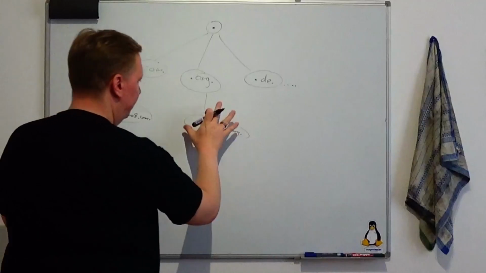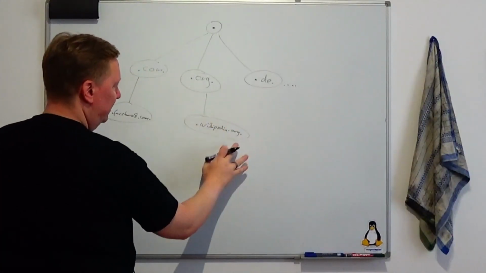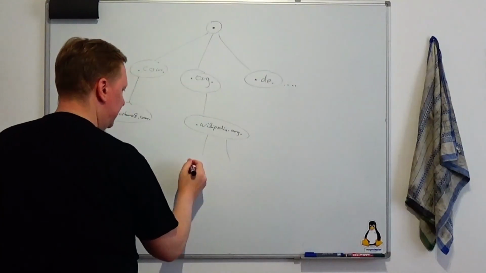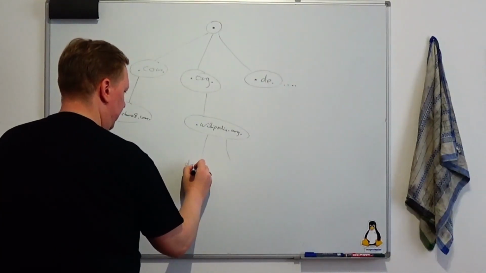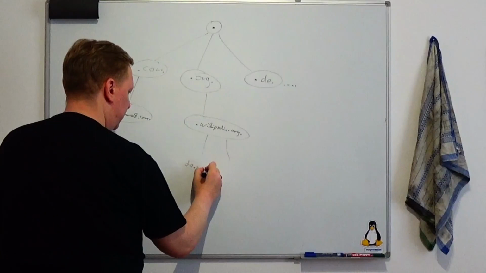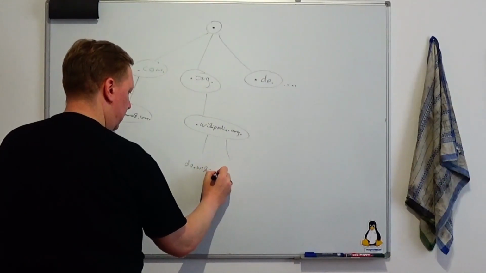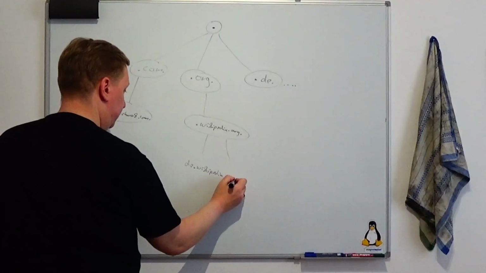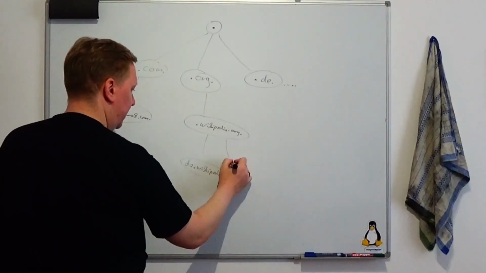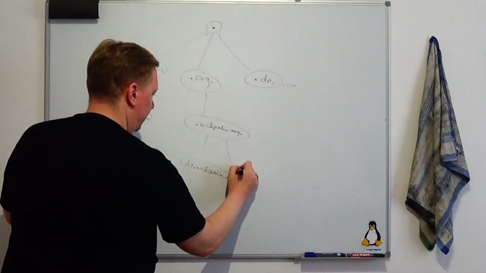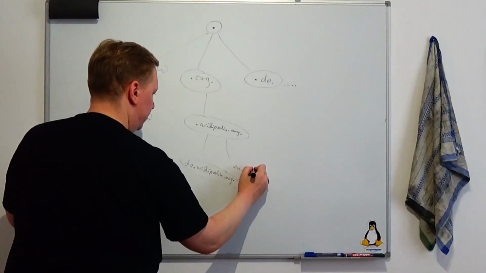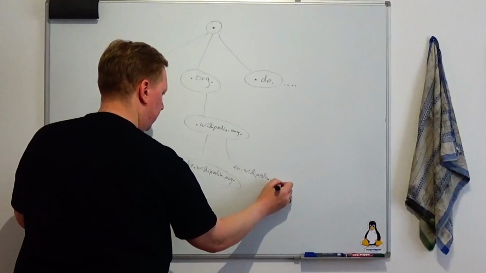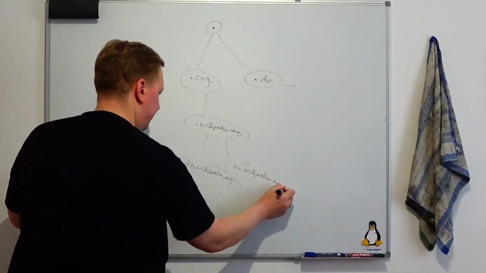The servers for these domains then can have subdomains like, I don't know, de.wikipedia.org and en.wikipedia.org and so on.